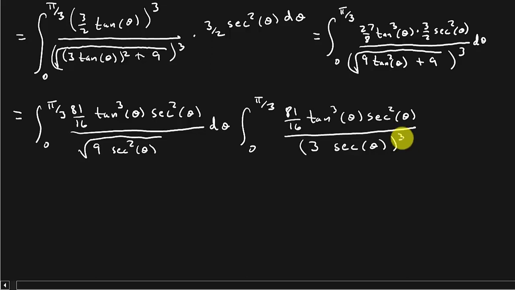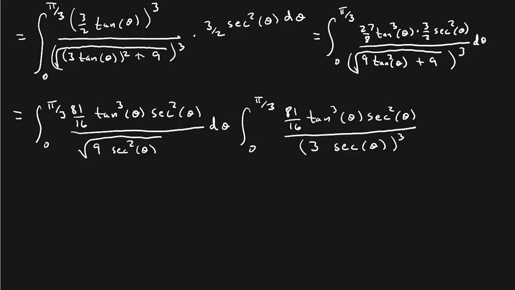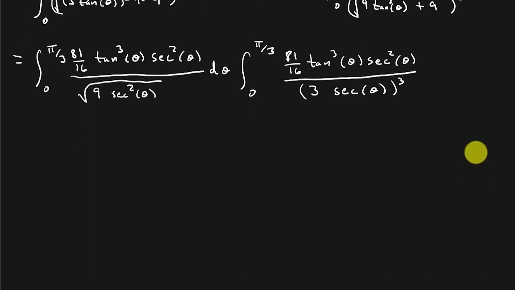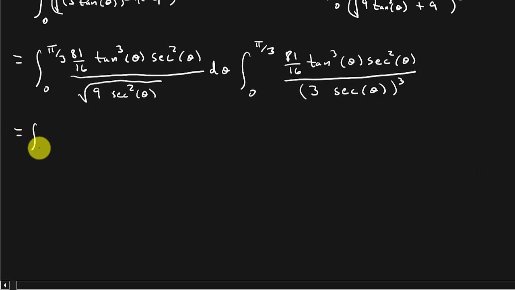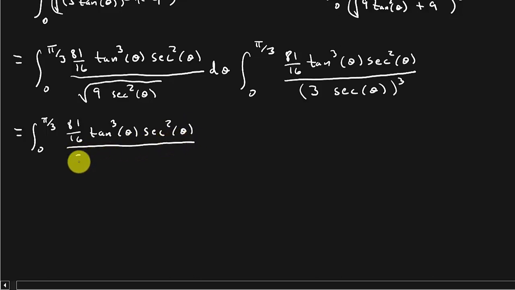And remember, all of that is cubed. All right, so this is going to be 0 to pi over 3, 81 over 16, tangent cubed theta, secant squared theta, over 27 secant cubed theta d theta, because I got to cube that. All right.